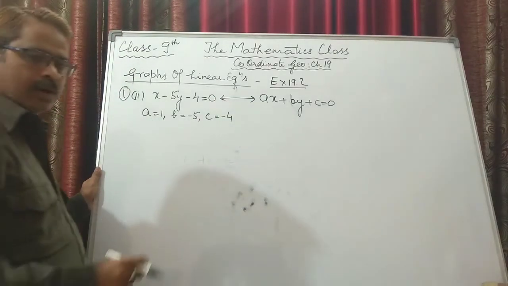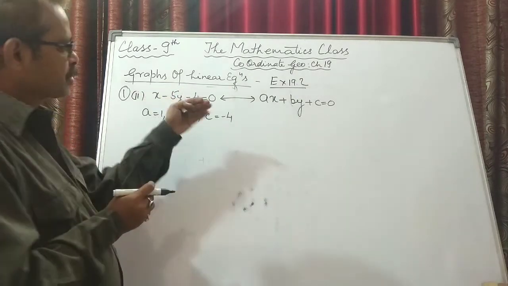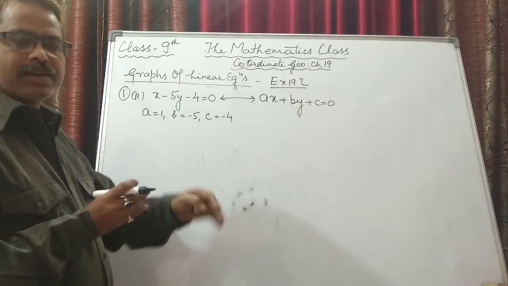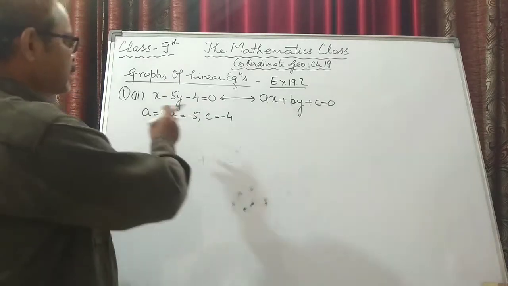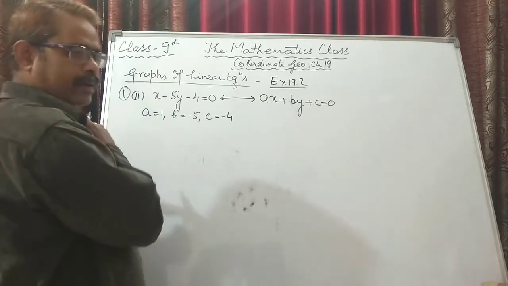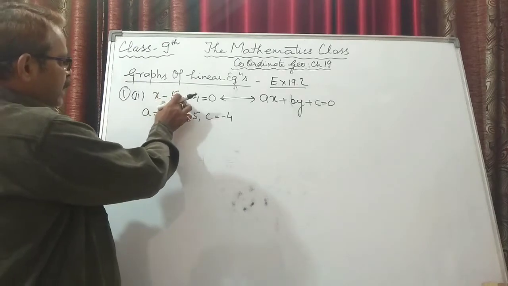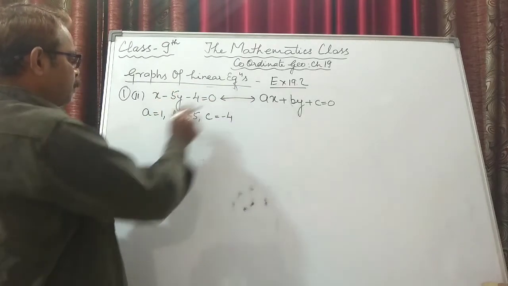Now first of all, what we do in this, we make y the subject, which means I need y on one side of the equal to and everything else on the other side. So if I take minus 5y to this side, it will become positive.